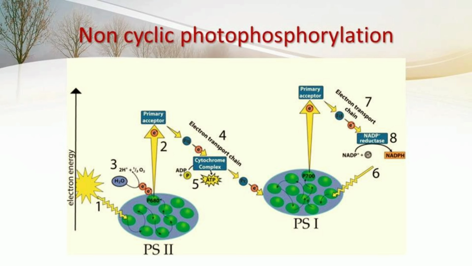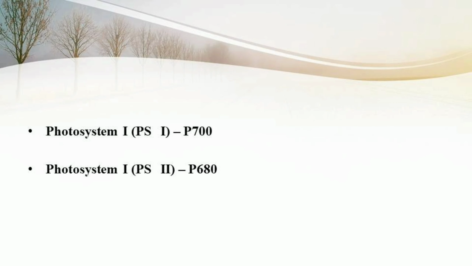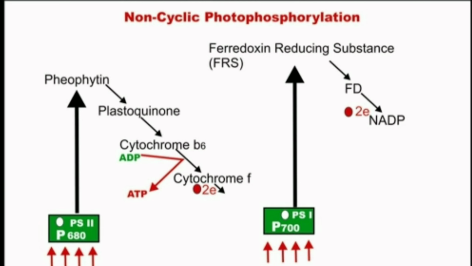The non-cyclic photophosphorylation starts with photosystem 2. We have already discussed that there are two types of photosystems: photosystem 1 and photosystem 2. So this non-cyclic photophosphorylation starts with photosystem 2, which absorbs light at a wavelength of 680 nanometers.